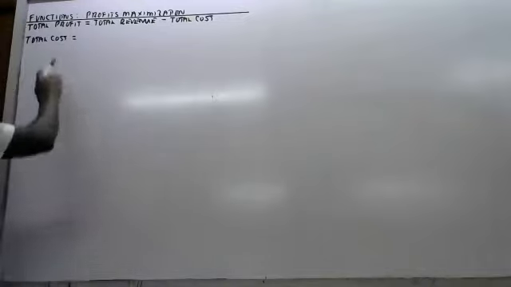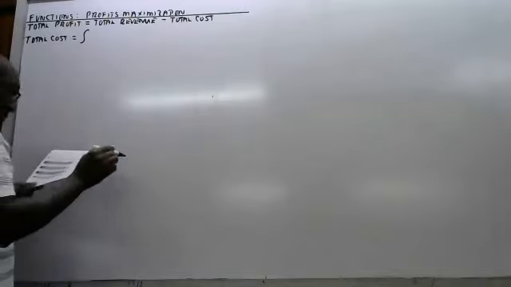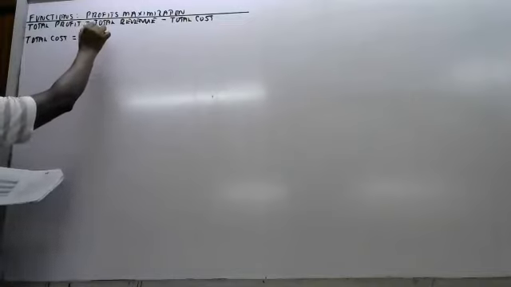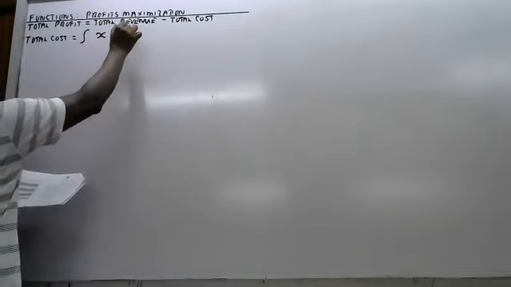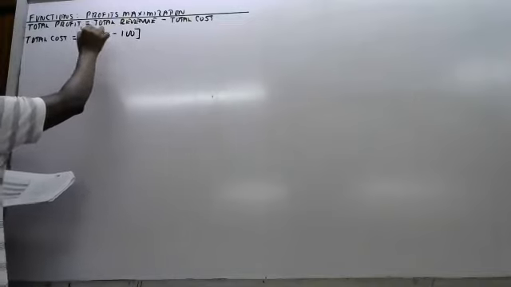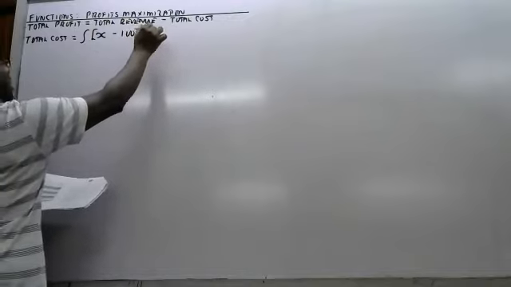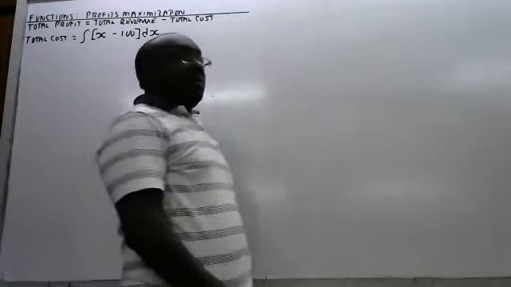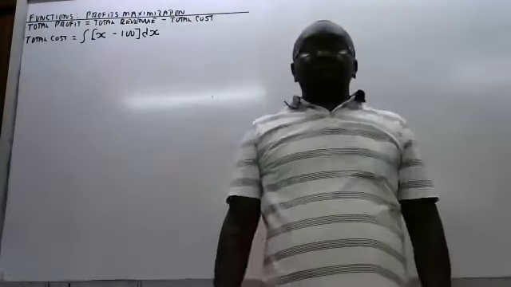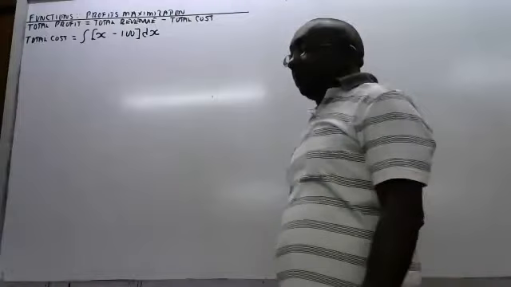So for us to get the total cost, we must integrate the marginal cost, which is x minus 100. We are integrating with respect to x.